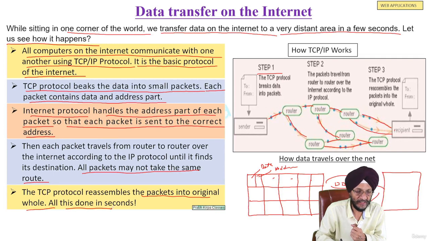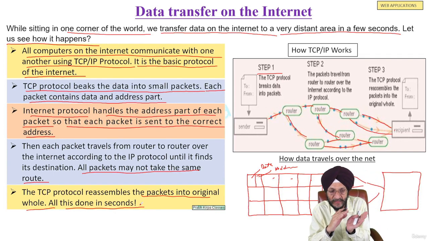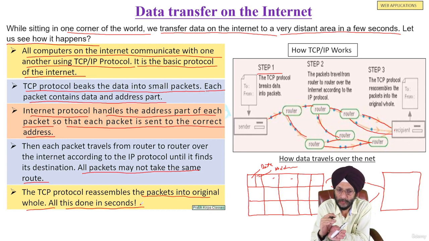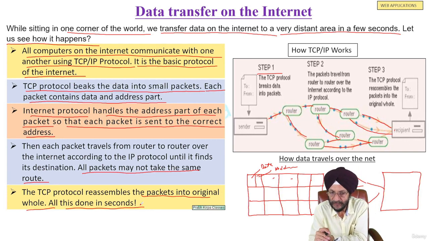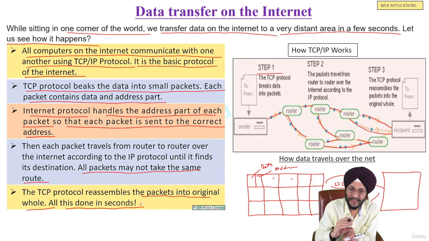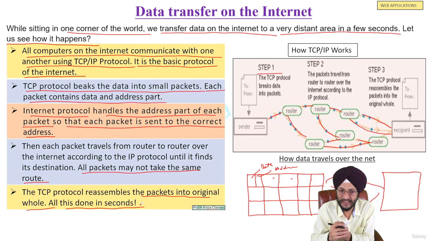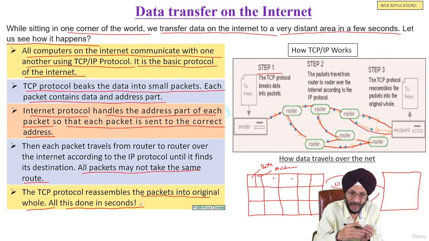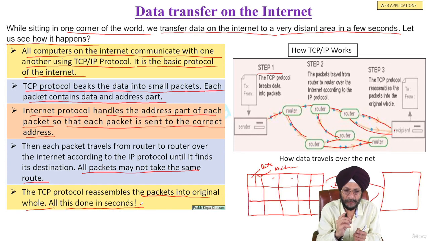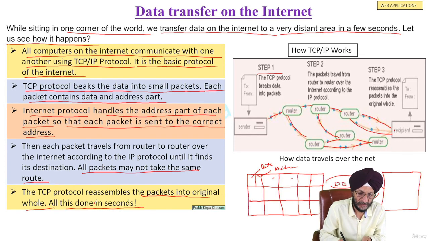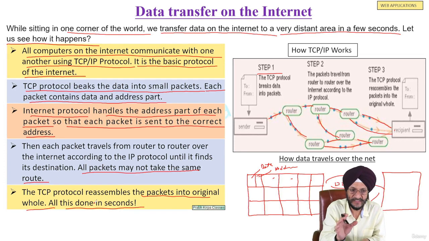It is not that the breakage into small packets, traveling through different routers, or reassembling at the final destination takes a long time. All this process takes place in few seconds. This is just an overview.